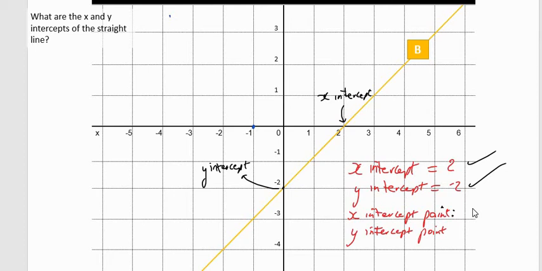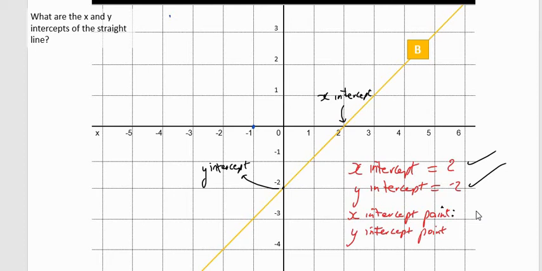Every point has an intersection? That's true, but it's 2 coordinates that we're looking for. Very good. Every point has 2 coordinates. So once you hear 2 coordinates, you know we're dealing with a point.